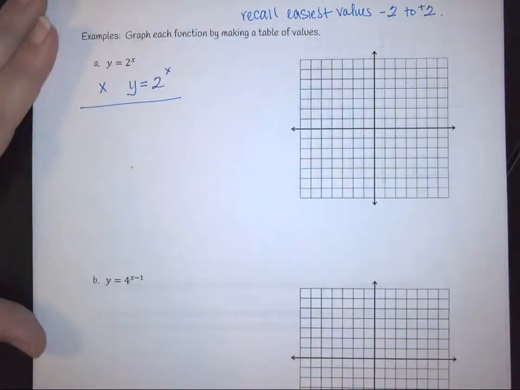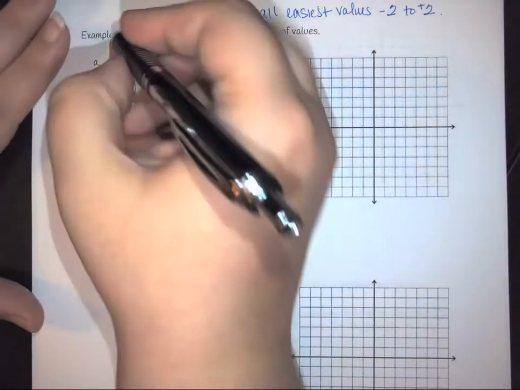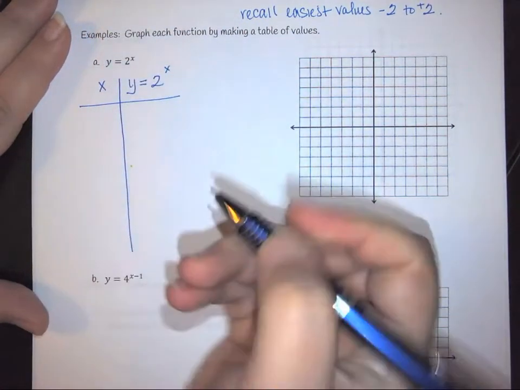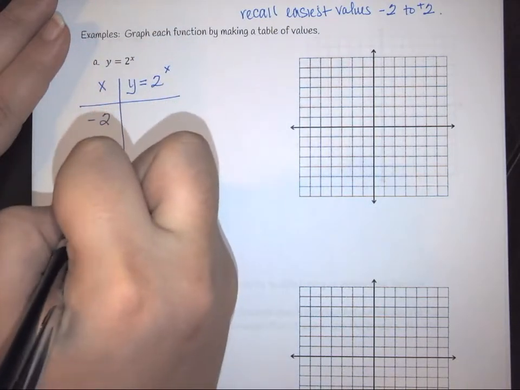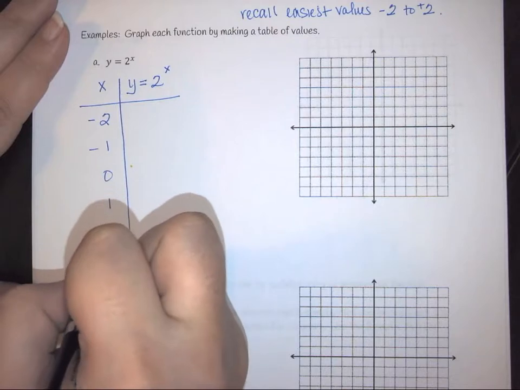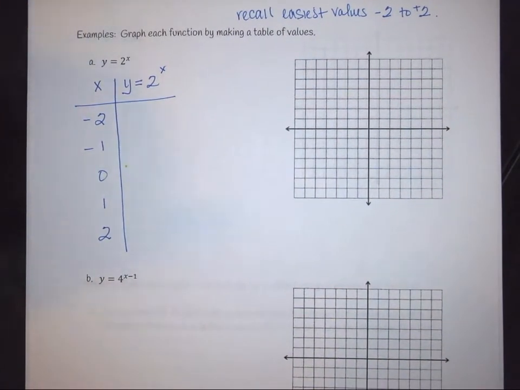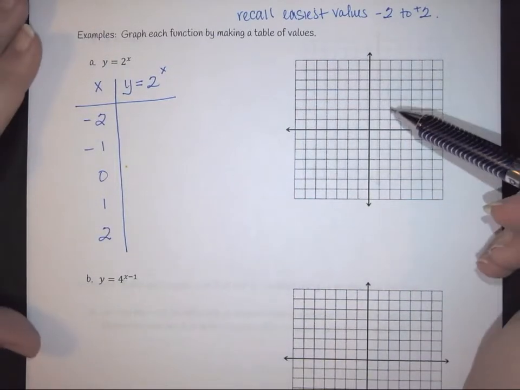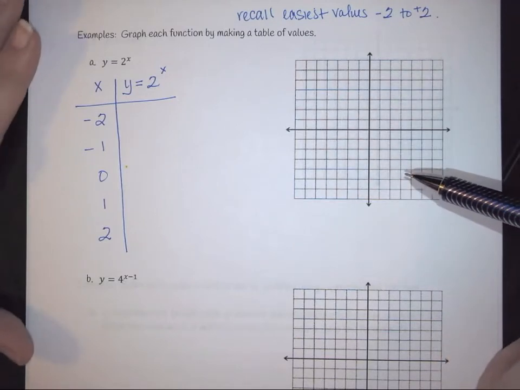And when I do this, I am keeping in mind that I want to use my x values from -2 to +2. So I'm going to kind of set that up. So I've got -2, -1, 0, 1, and 2. And this should be enough to give me a good sense or a good idea of what my graph is looking like. So we're really just looking at the snapshot of values that fall right here around your origin point.